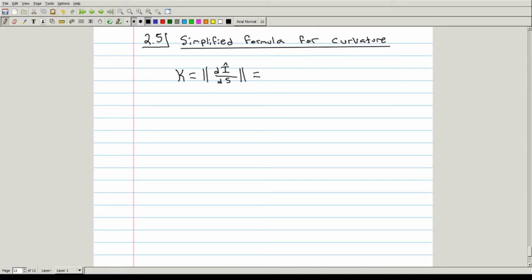The first thing we can do is rewrite this as dt/ds times d t hat/dt. This is just the chain rule. And also from the implicit function theorem, dt/ds is the same thing as 1 over ds/dt, or 1 over the magnitude of v.